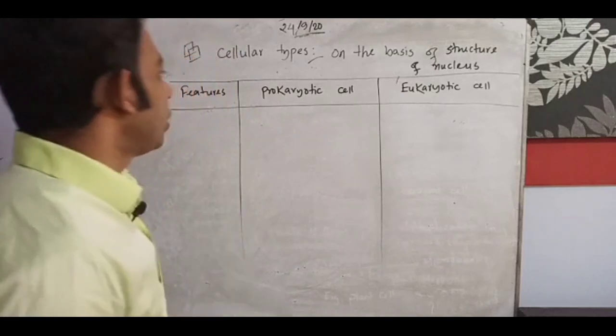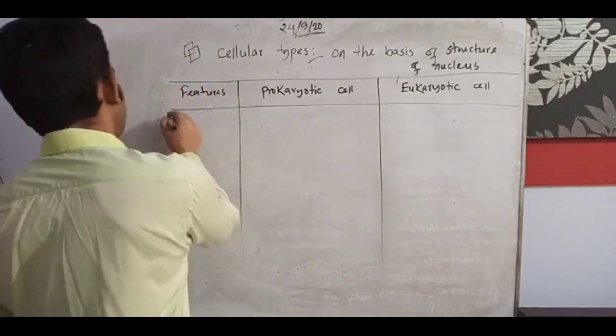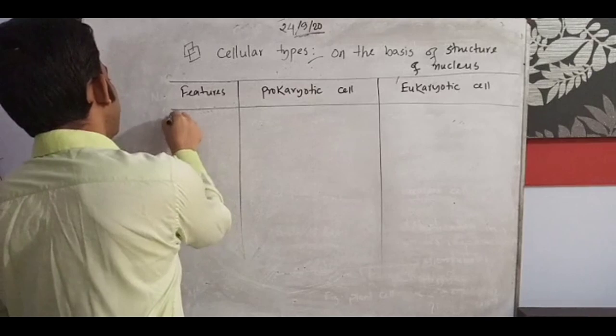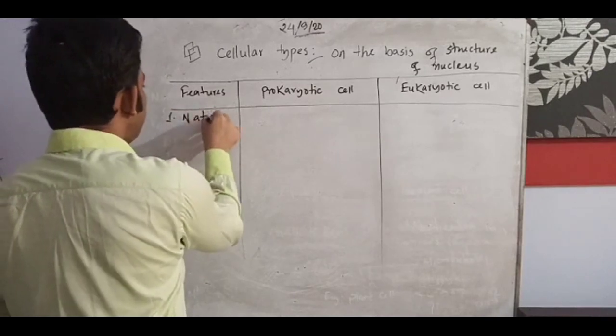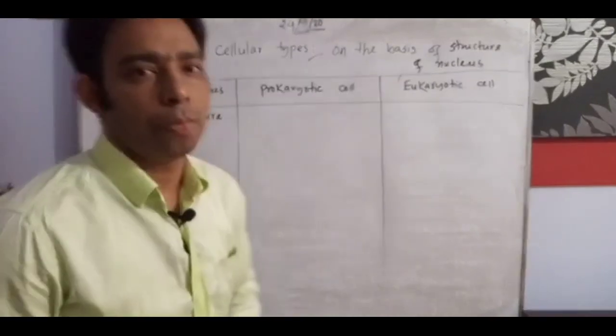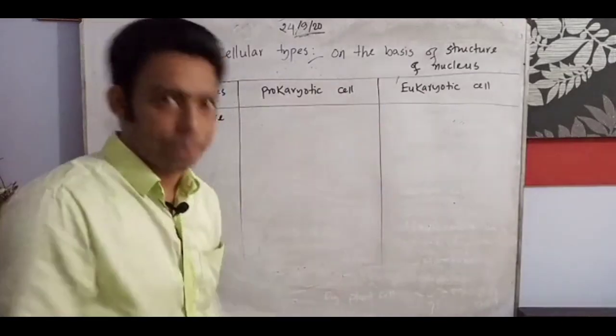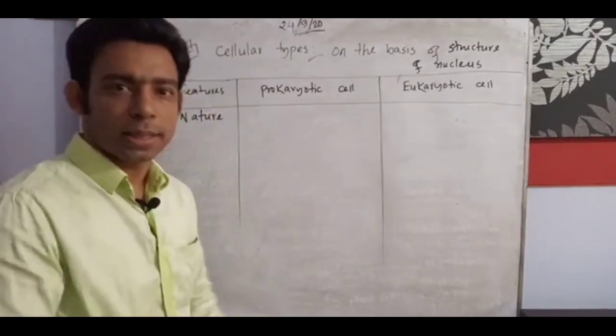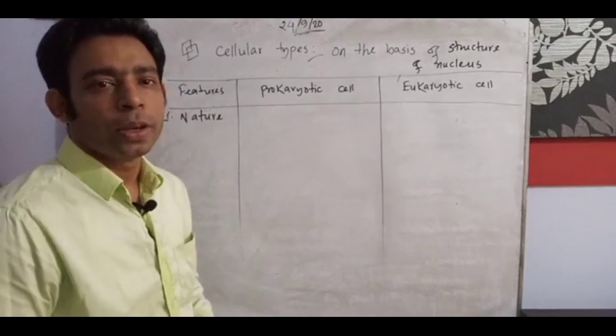So, first feature, number 1, nature. Pro means primitive, and eu means true.